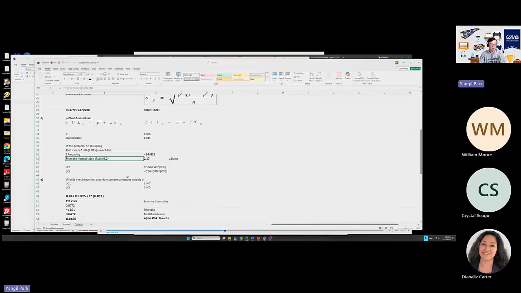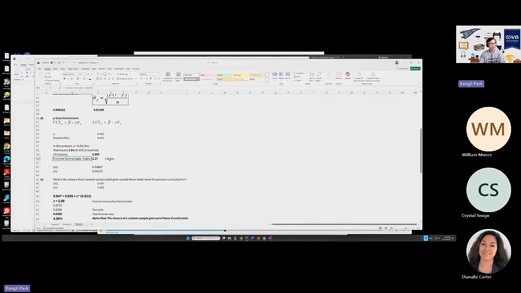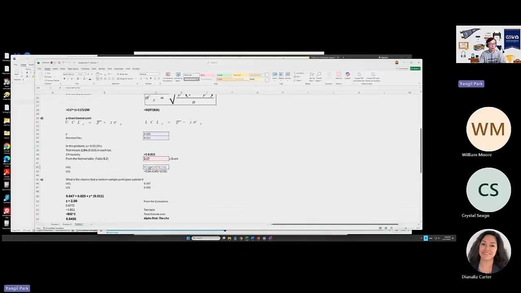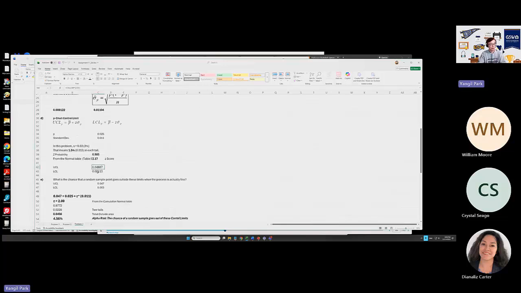I think some people just use the Excel function, which is fine too. So we find the z-score, then we plug in, because other values are given. So plug in for that upper limit and lower limit. So we find those upper control limit, lower control limit, just like that. Then we can show those in the P-chart later on.